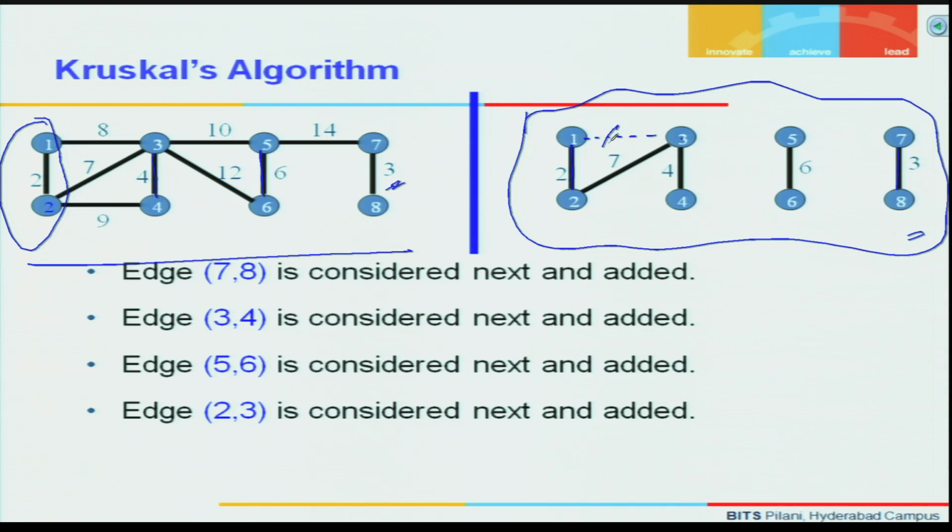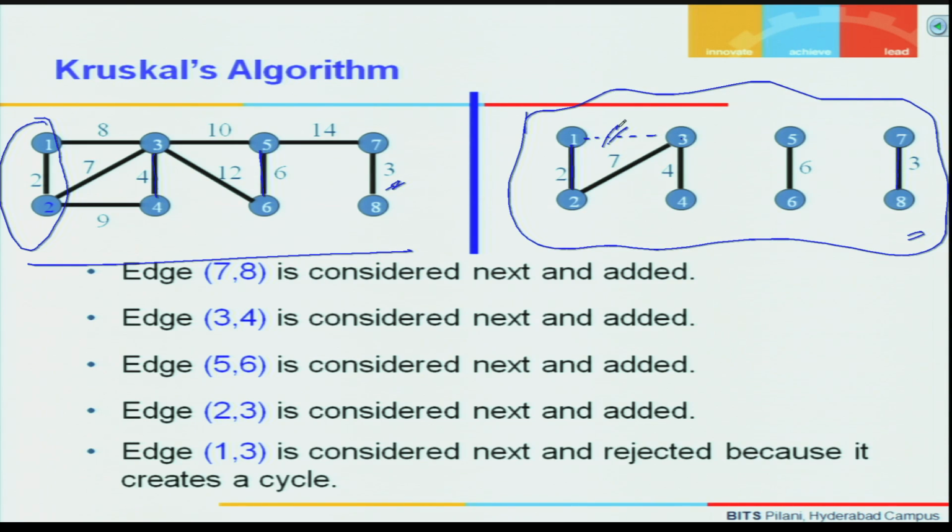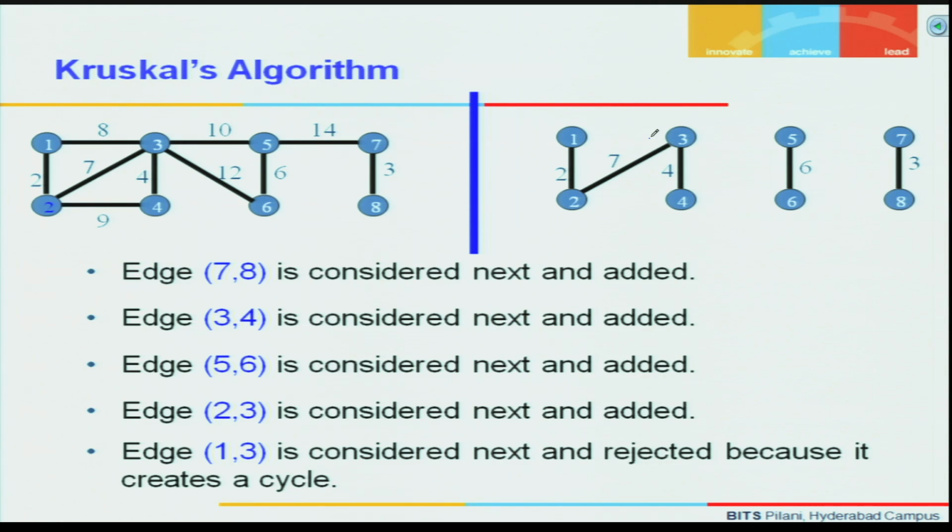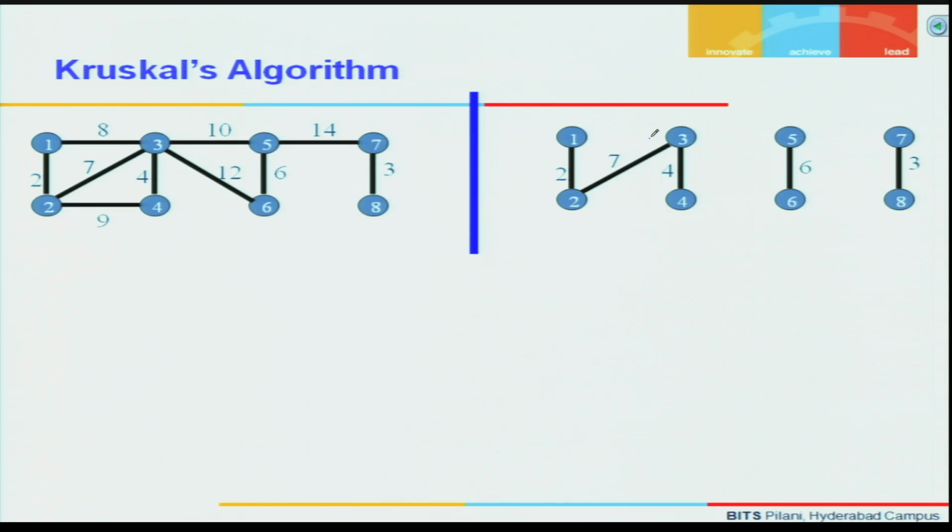So I don't put the edge called 1 3, I just ignore it. I don't put the edge 1 3 because it is forming a cycle. Then what is the next weighted edge? 9. Can I put 9 over here? I can't put 9 because it is also forming a cycle with 2 3 4. The resultant cycle will be 2 3 4, hence I don't put even this one.